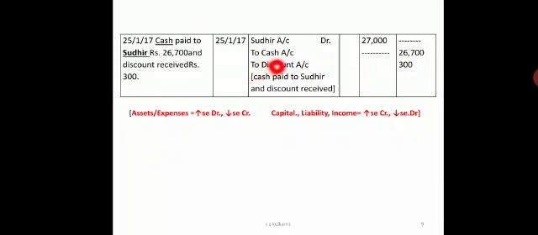So when I have earned a discount from my supplier, it is an income. So income is increased, it is to be credited. So journal entry is Sudhir account debited 27,000, cash account credited 26,700, to discount account 300. So narration is cash paid to Sudhir and discount received.